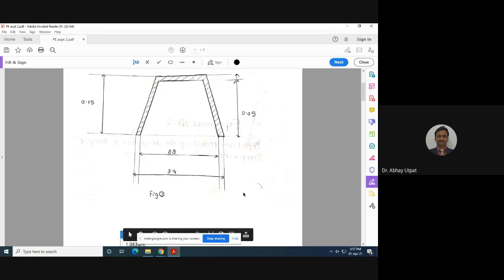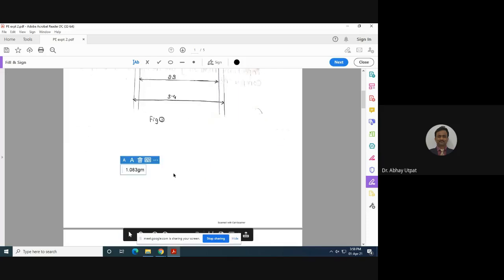So the total projected area will be the projected area of two cavities plus the gating system. And as per the design data book, total projected area is equal to projected area of cavities plus projected area of gating system, and the projected area of the gating system is 10% of the projected area of the cavity. Here I will write.